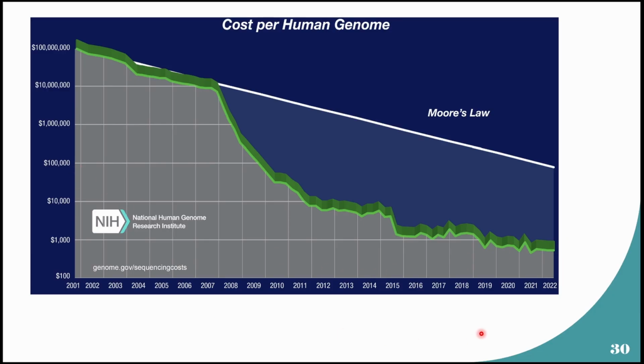So the cost has reduced by a lot, and it follows the same trajectory as the previous plot. In this plot, any point where there is a valley or a rapid decrease in the cost means some new advancement in next gen sequencing methods has been introduced. That is why there is a sudden decrease in the cost at that point.